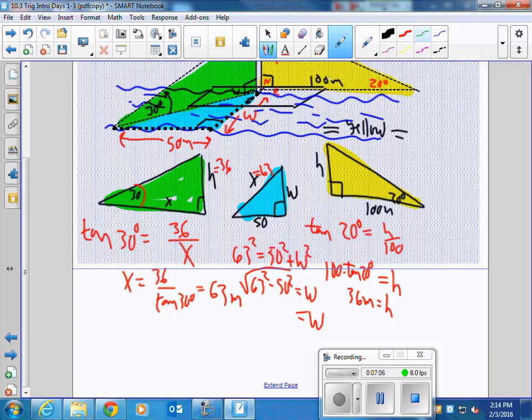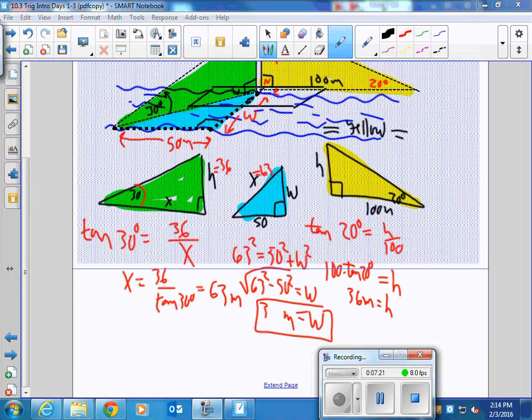And what's the width of the river, to the nearest meter? 38 meters. That, I think, is right on.